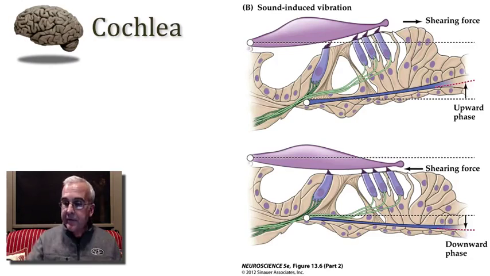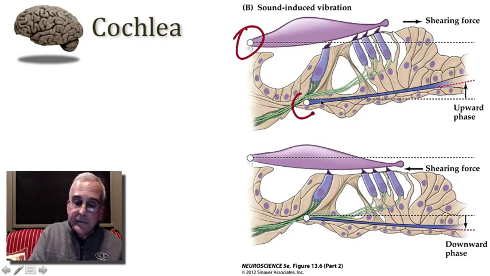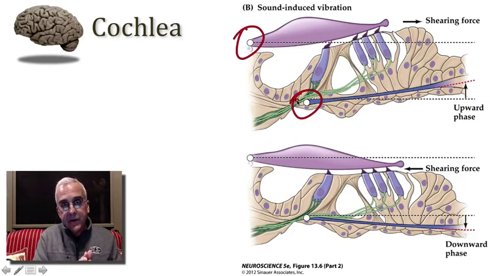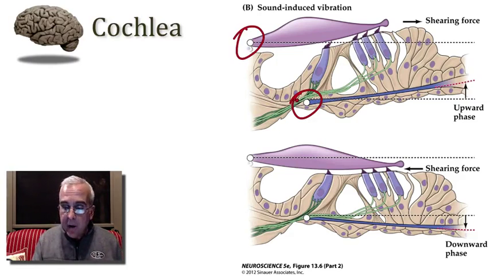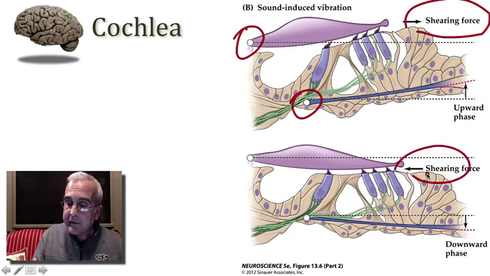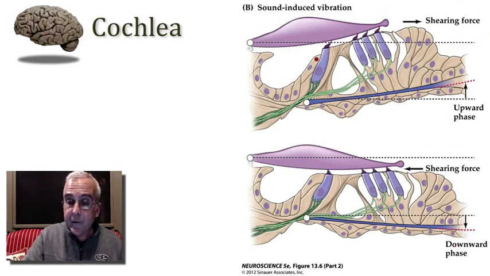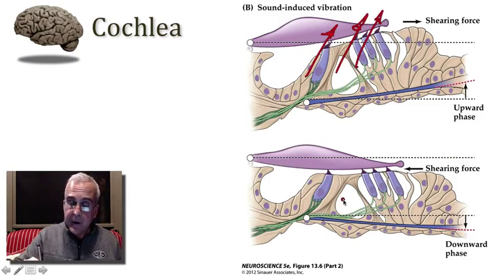And because the pivot points of these two membranes are offset relative to the center of the cochlea, what we find is a shearing force develops as this cochlear partition rises upward and then recedes downward. This shearing force deflects the stereocilia at the tips of these hair cells first in one direction and then in the opposite direction.